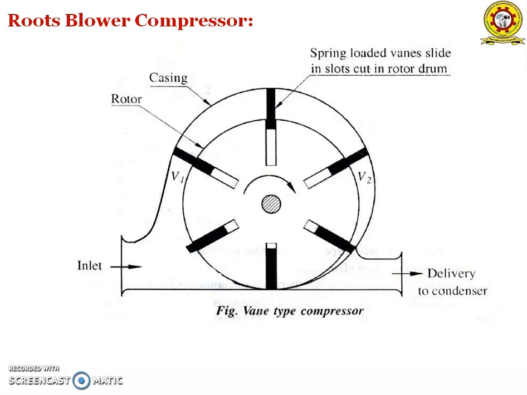Thus, the pressure of the air entrapped in the pocket increases by decreasing the volume and then by the backflow of air. Now, the air is delivered to the receiver by the rotation of the vanes. Finally, the air at high pressure is received and delivered.